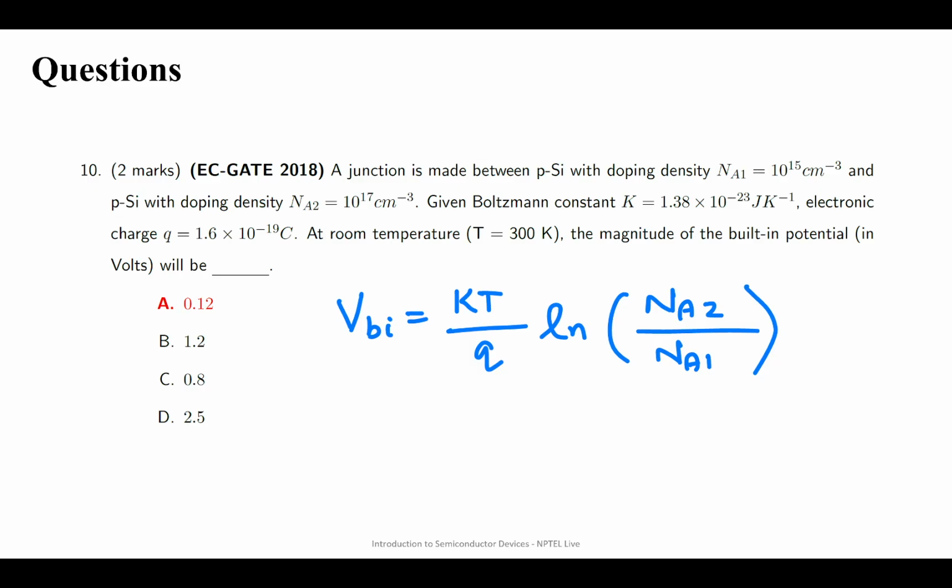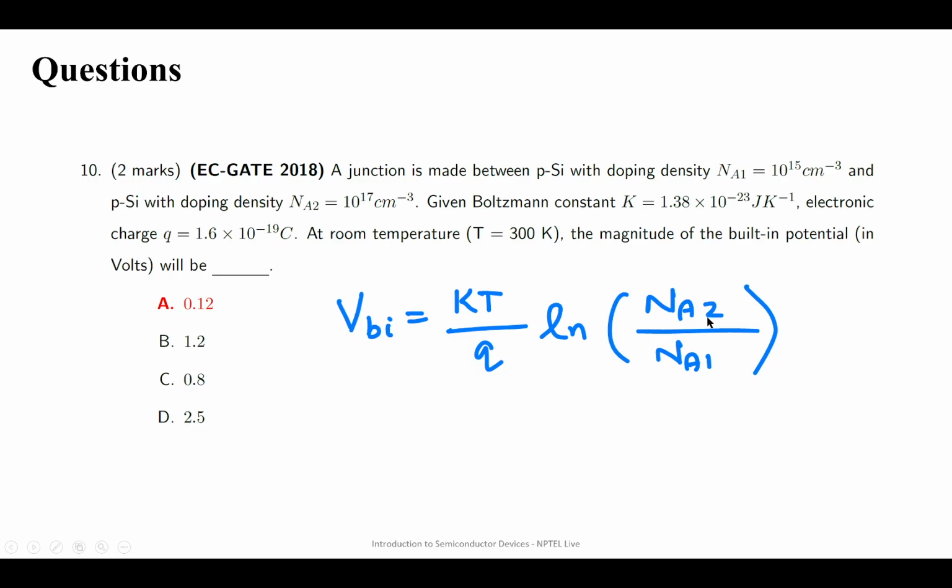So the answer to this would be 0.12. VBI is given as kT by q ln Na Nd by Ni square. So for the second region, you can take Nd equals Ni square by Na2.